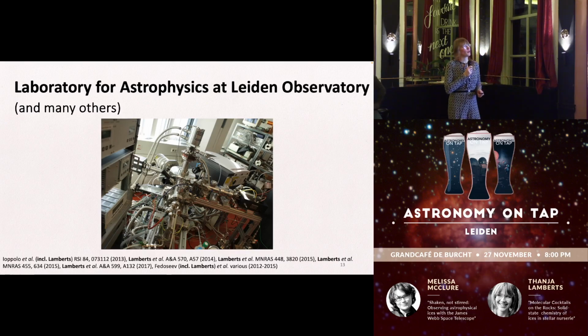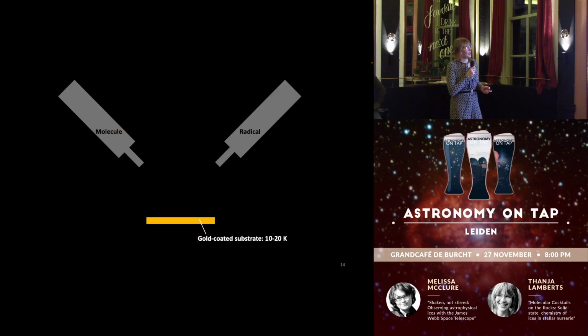Now, I won't walk you through all the details, obviously, but I would like to show you a simplified animation. Instead of having a dust grain, carbonaceous or silicaceous, we have a gold-coated substrate. And then we do something very similar to the interstellar medium, namely you take molecules and atoms, and you let them hit the surface.